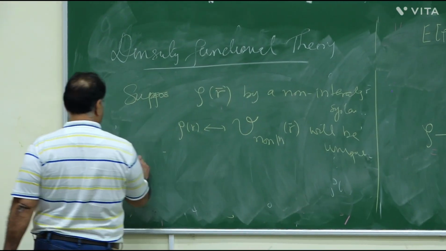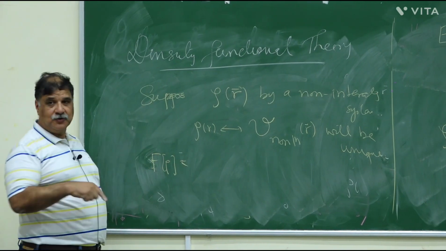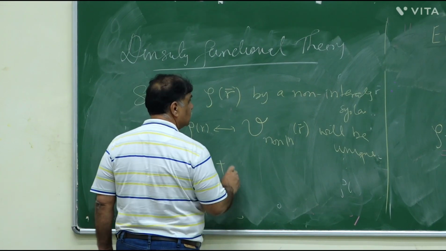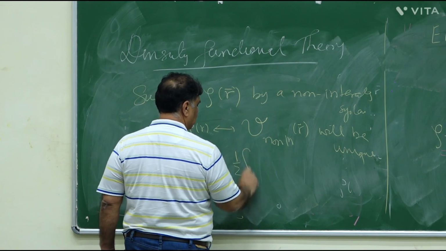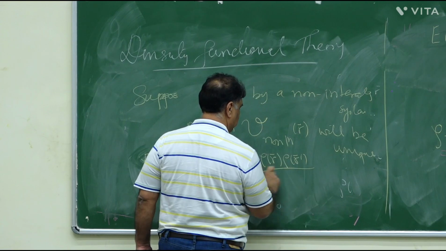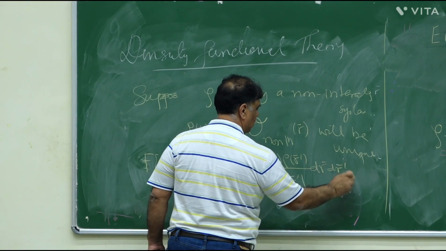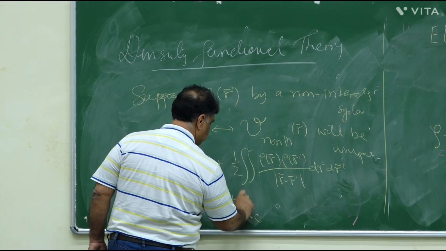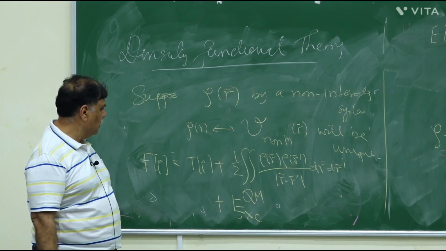So, I'll finish the Kohn-Sham and then we'll stop. This F[rho] is T[rho] plus V_ee[rho], which I'm going to write as the classical interaction energy between electrons, plus E_xc, the exchange correlation, which is quantum mechanical, like that expectation value.